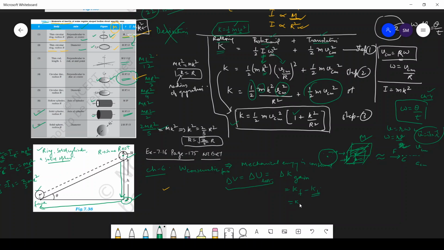So the whole kinetic energy gain is your final kinetic energy, which we can write as K also. The energy lost is mgh. So for all the three bodies, potential energy lost mgh is equal to kinetic energy gained. Ki is 0 because the body was at rest in the beginning.